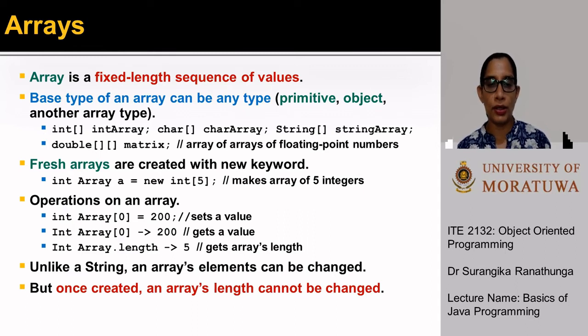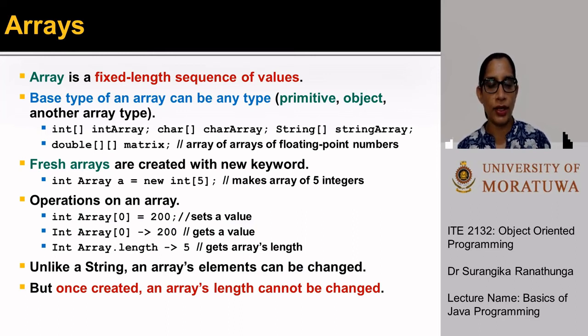Similar to strings, you can execute many operations on arrays. For example, if you look at this first line, array[0] = 200, it will assign the value 200 to the 0th position of the array. Keep in mind, for arrays and strings, we start counting with index value 0. So the 0 position of the array means the first element in the array.